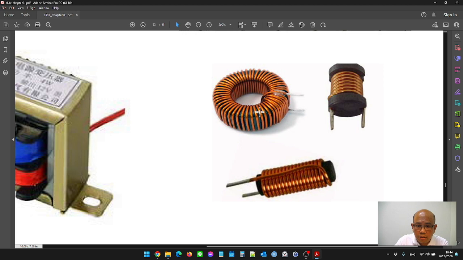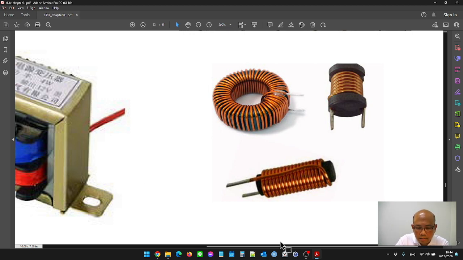You will find inductors inside switching circuits. That means inside the power supply of your notebook, inside the power supply of a mobile phone. Here inside, iron is used in the inductors.